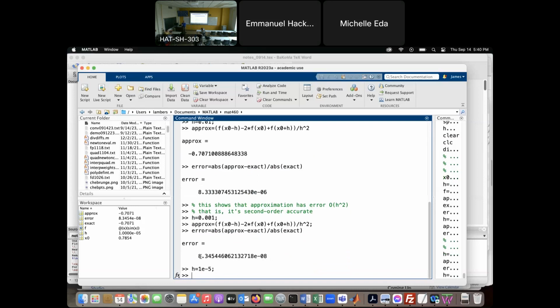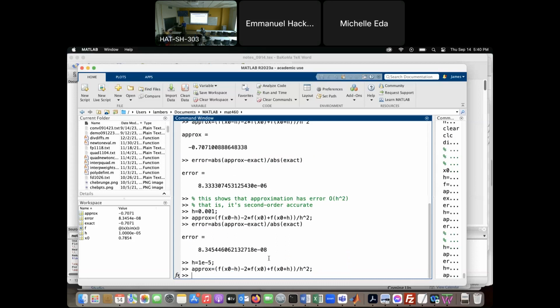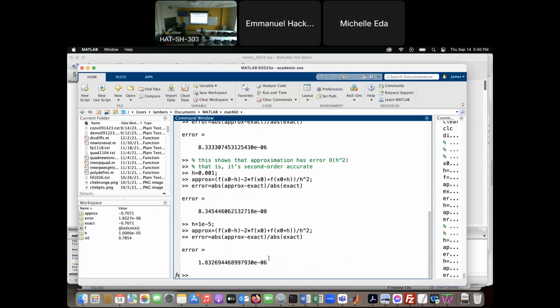So I should get error on the order of 10 to the minus 12 the next time. So I compute the approximation again, and let's see what happens with the error. And the error increased. So that's not good. That wasn't what was supposed to happen.